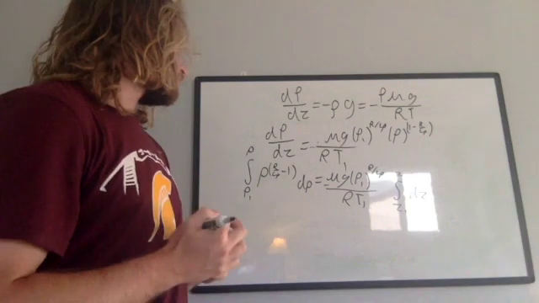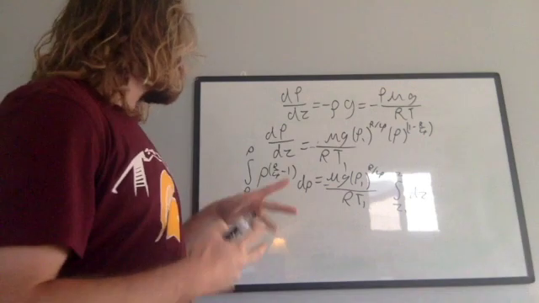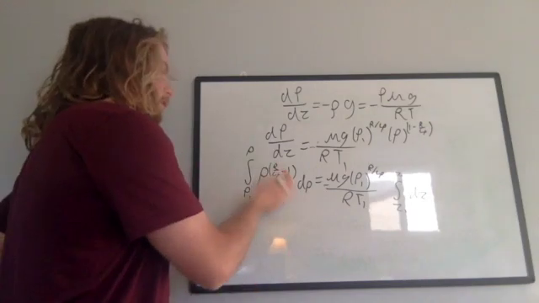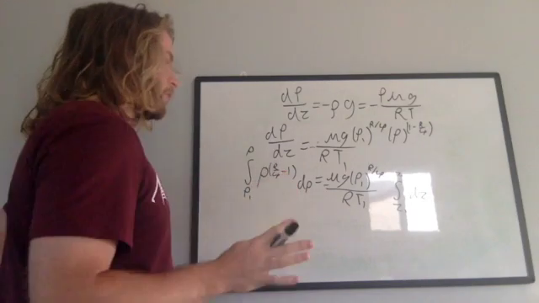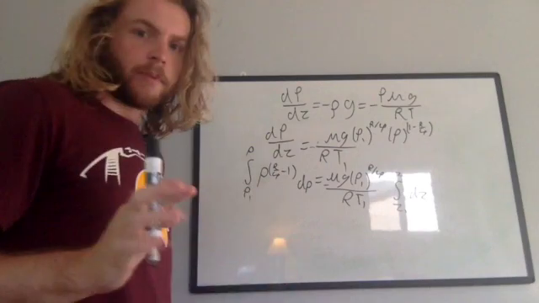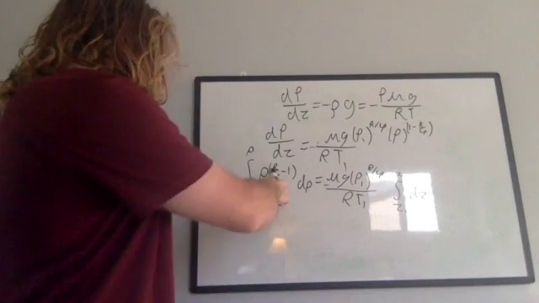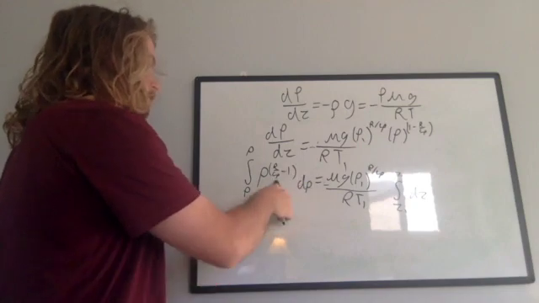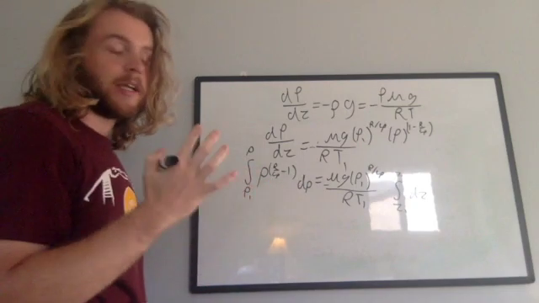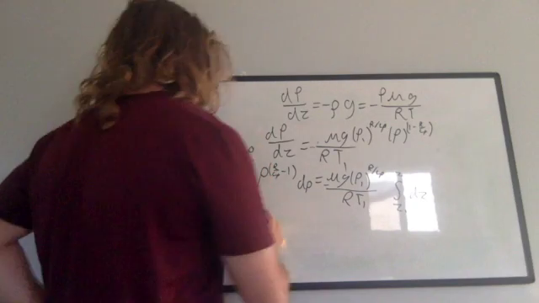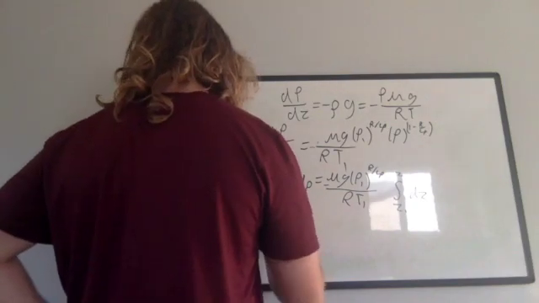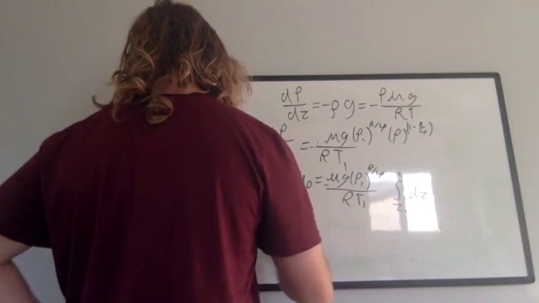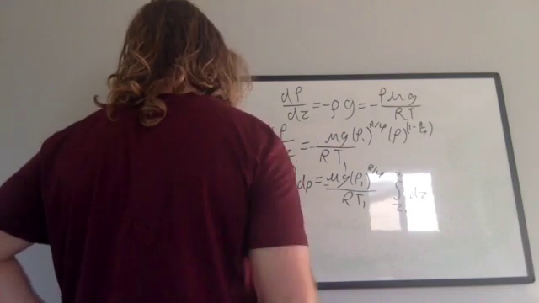Alright, and so to do this integral right here, we'll do the exponent part of it first. So we are going to be adding 1 to the exponent and dividing the expression by it. So the plus 1 is going to cancel out with this minus 1, and this R over CP is going to flip and become CP over R. So we're going to go CP over R. There you go.